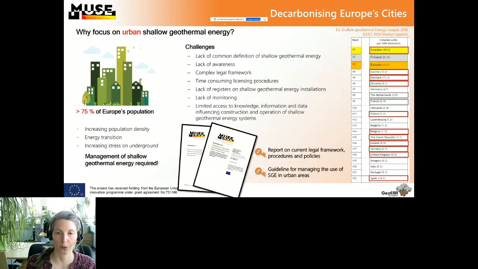To get a better overview of the current legal framework and all the procedures and related policies, we summarized all this information in a report. And then based on this analysis, we derived a guideline on how to manage the use of shallow geothermal energy in an efficient way in urban areas. And in this second report, we propose adaptive management cycles that can facilitate the use of shallow geothermal energy.